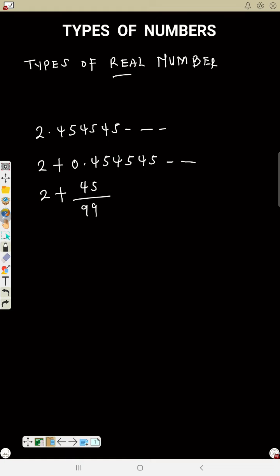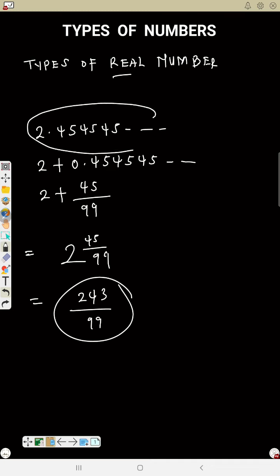So 2 plus 45 divided by 99. That means you will find the LCM. So this is the same thing as 2 whole number 45 over 99, which is 243 divided by 99. So if you press this, you are going to get this result.